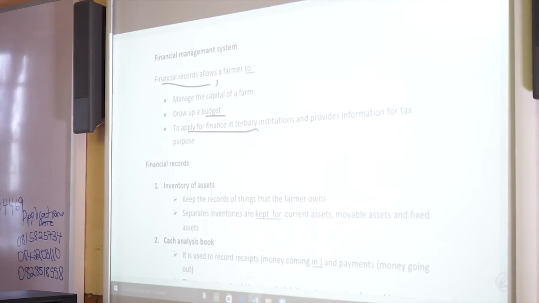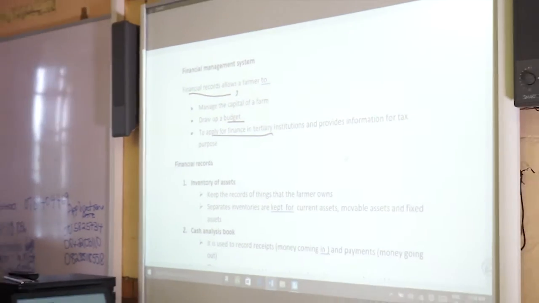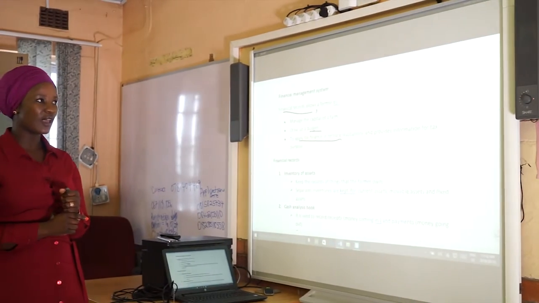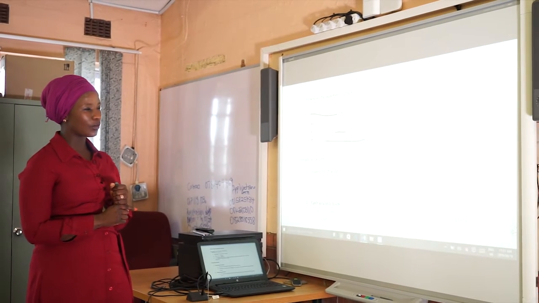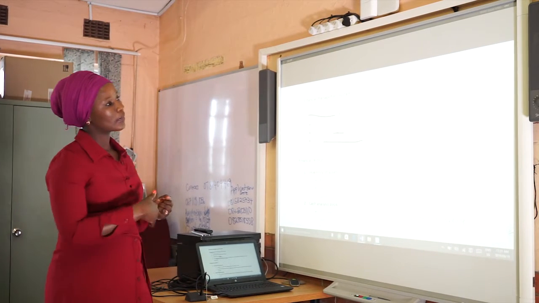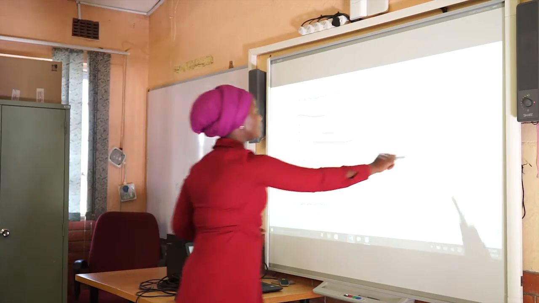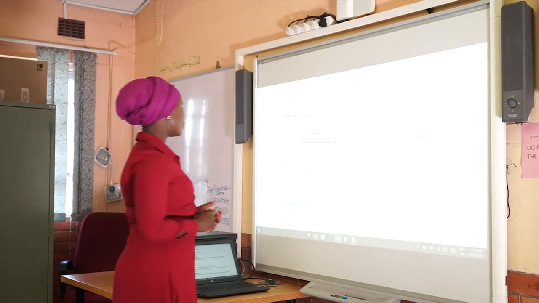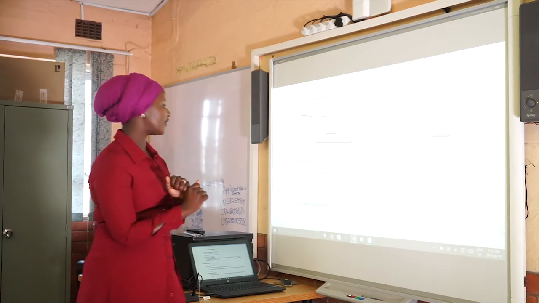A bank statement is a financial record. So when we're applying for whatever type of loan or finance from a finance institution, they want to see your bank statements. And when you are also using it for tax purposes, they want to see your bank statements as well. So we've got different financial records.